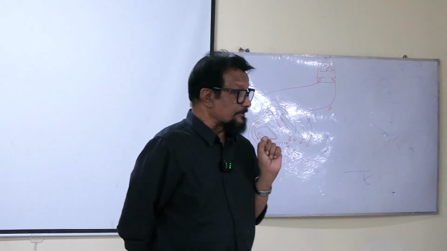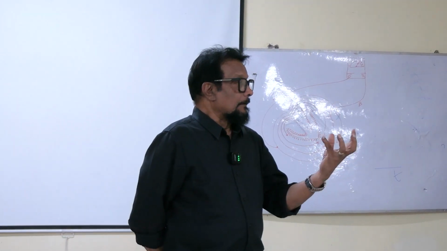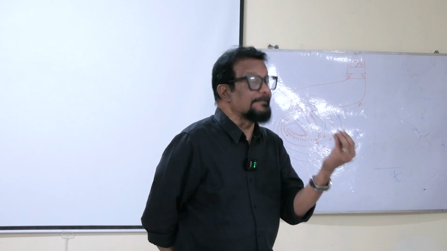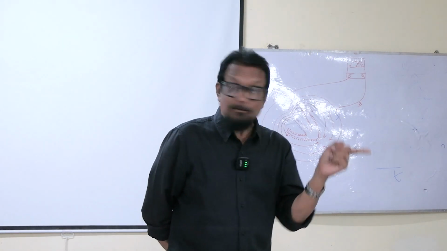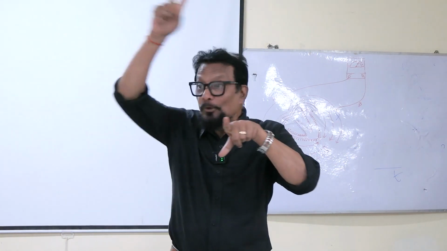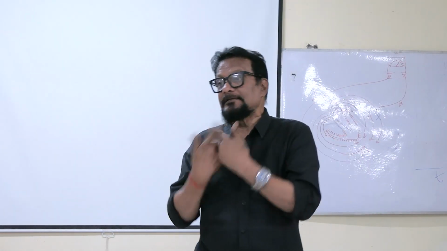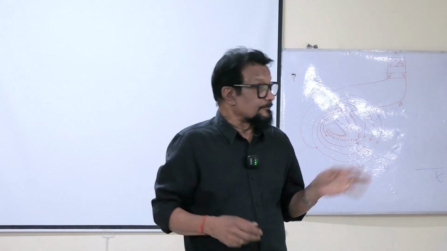A very good question comes. How is the electrical impulse generated in the SA node? That means you have to explain the slow waves. I have already discussed slow waves. By slow waves, the pacemaker potential is produced. So it is having a pacemaker.